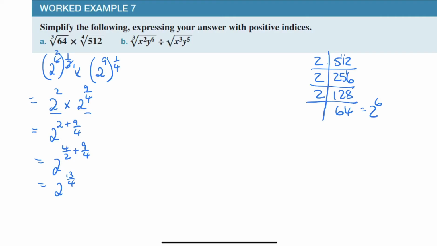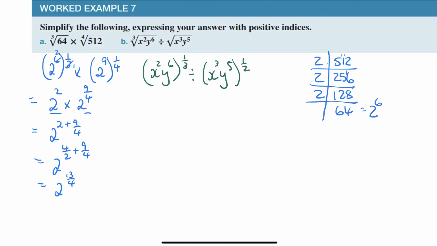For the second question, I'm going to do exactly the same thing. I'm going to say this is x squared y to the power 6 to the power a third, divide by, and this is going to be x to the power 3, y to the power 5. Remember, if we have nothing over here, it's actually a 2, which means it's to the power half.